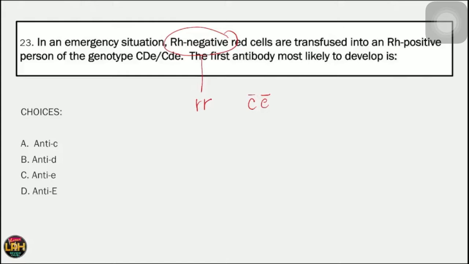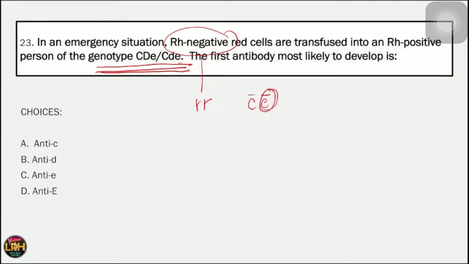In this case, since the small e antigen is already present in the red blood cells of the person receiving the blood, it won't produce an antibody against the small e antigen.